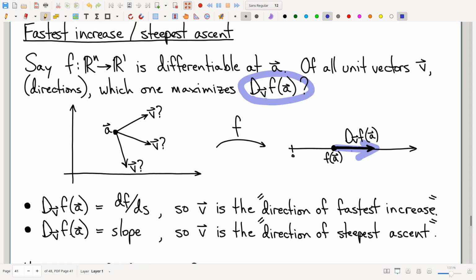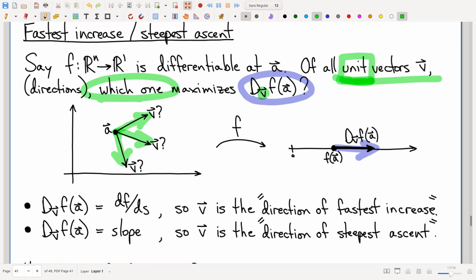Directional derivative, of course, is defined for unit vectors v, so we want to entertain all possible unit vectors. The question is, we're going to try to figure out which one of all these possible directions that I could be moving from there makes the directional derivative as big as possible?